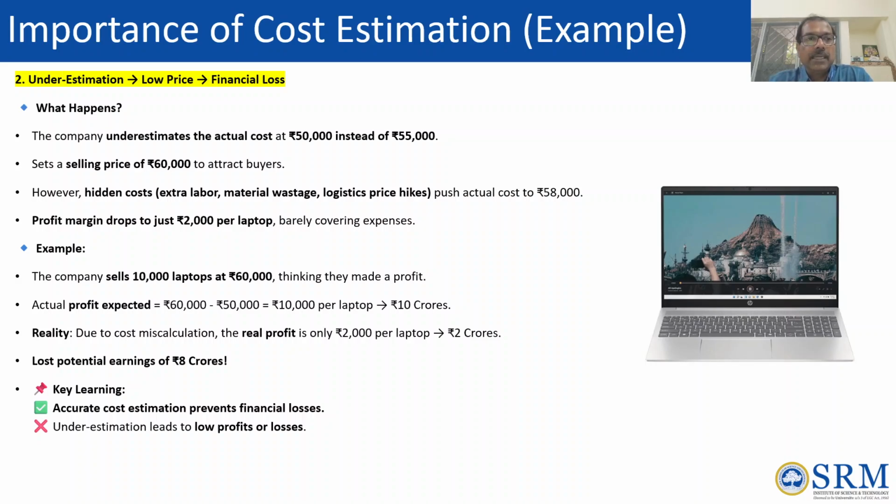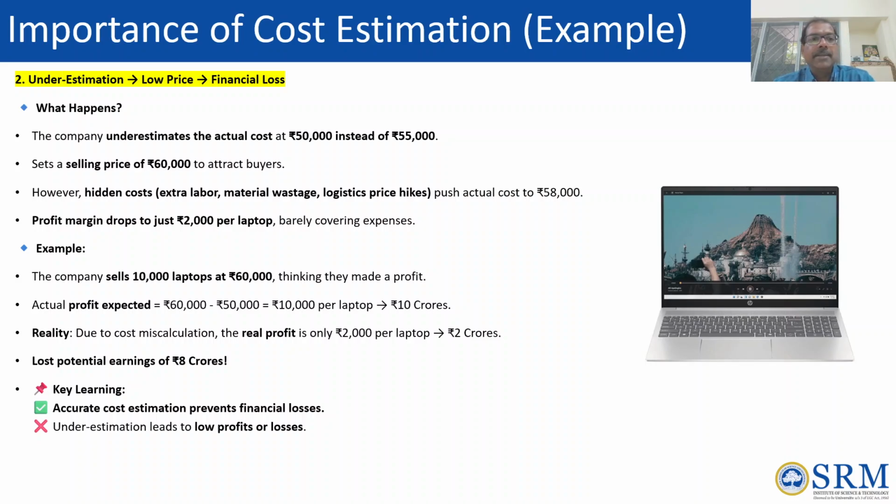In this example, the company sells 10,000 laptops at the price of 60,000, thinking they made a profit. The actual profit expected is 60,000 minus 50,000, that is 10,000 per laptop. That is 10 crores they should be able to get.